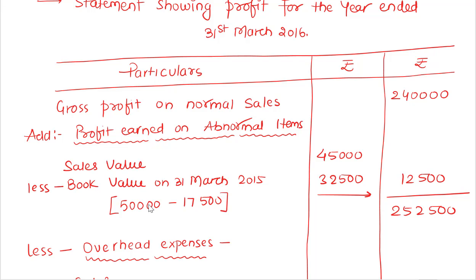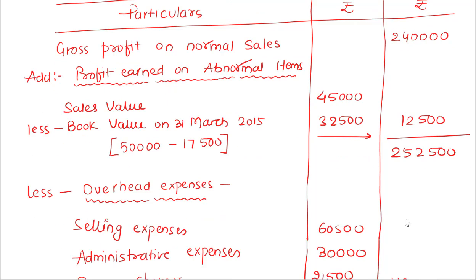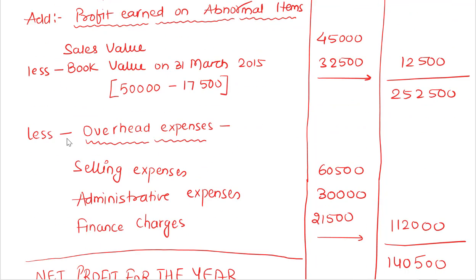There was an item in the stock of 50,000 which is written down to 17,500, so the book value is 32,500. This book value was sold for 45,000. So the profit is 12,500. This abnormal profit is added to the normal sales profit. So 2,40,000 plus 12,500 is 2,52,500.